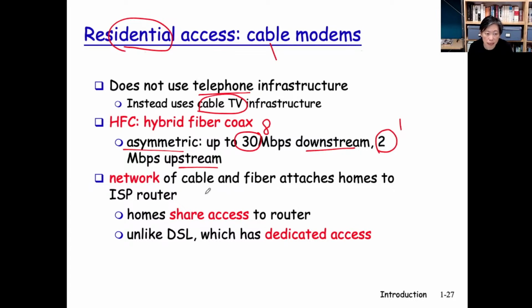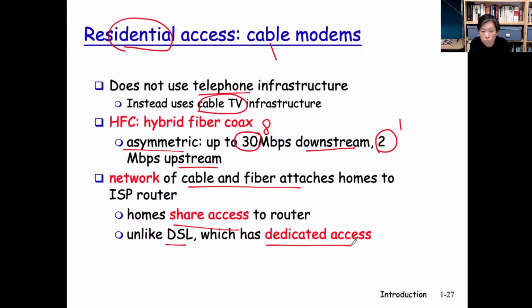But you want to be careful, though. These cable fibers attaching households to the cable company are shared access links. Unlike DSL, where these telephone wires are dedicated access. That is to say, oftentimes a cable company will set big cables from the central office to a neighborhood.